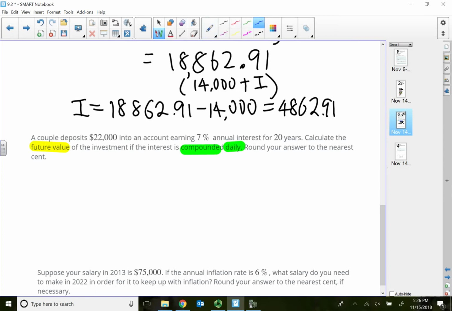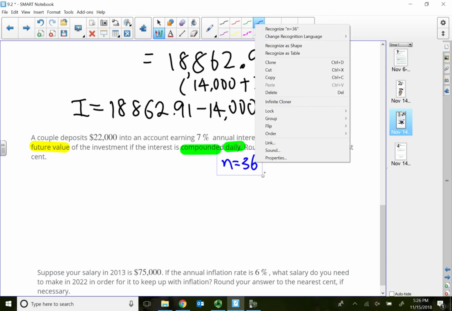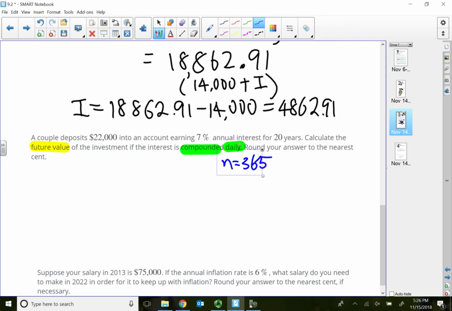Daily means N is going to be 365, compounding 365 days in a year. So A equals principal times 1 plus R over N, the whole thing to the N times T power. Let me write this out and we can put it in the calculator together.